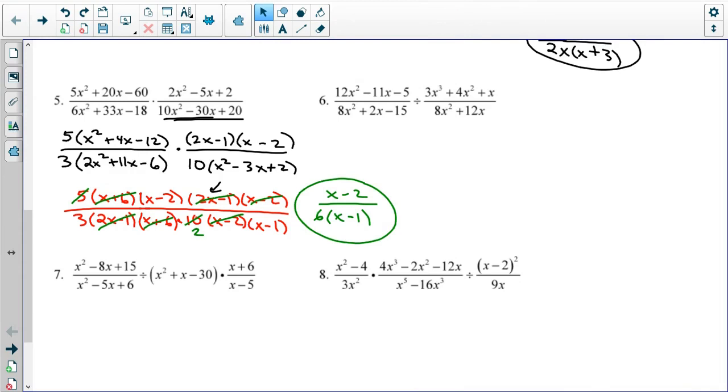Number 6. This is our first problem that has division. A reminder, if you divide by a fraction, that's the same thing as multiplying by the reciprocal.